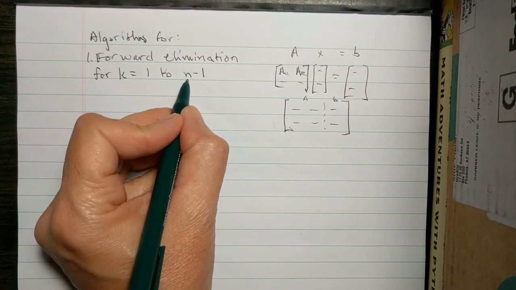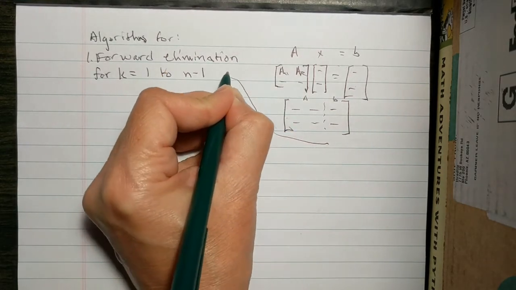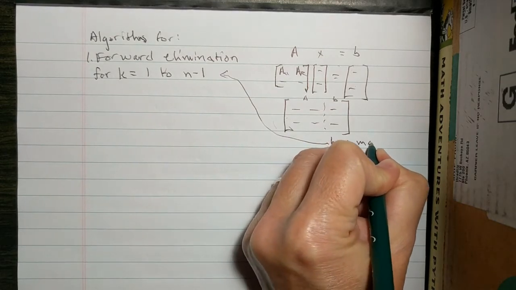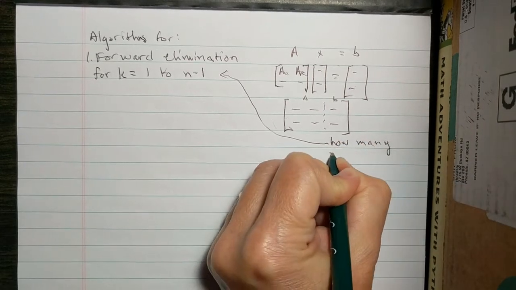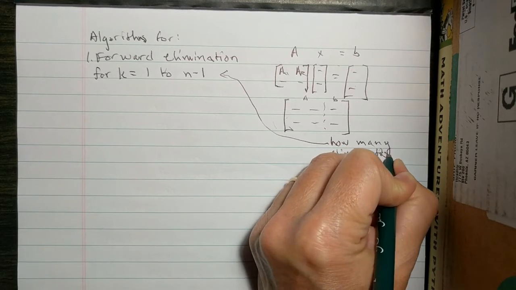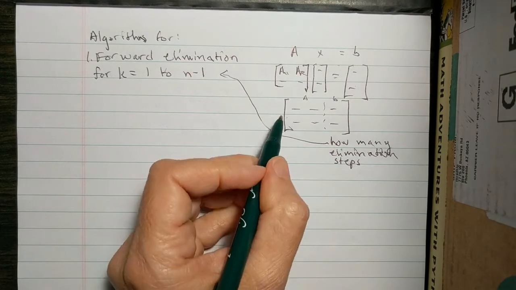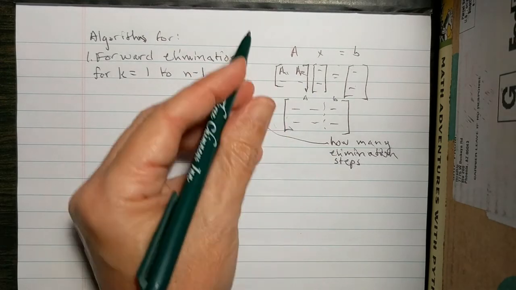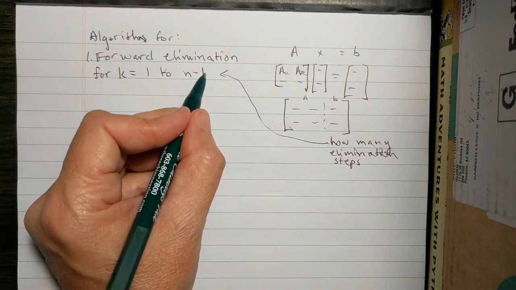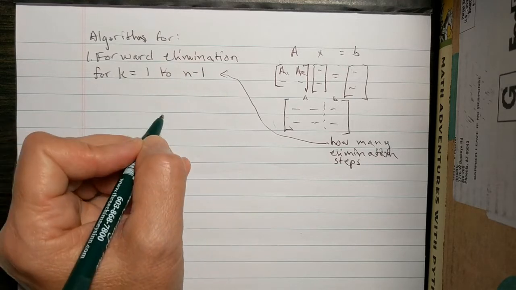And this is how many elimination steps. You don't have to eliminate the first row, but you need to eliminate all the other rows, so you want to do n minus 1 rows.